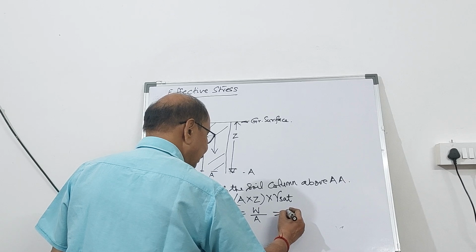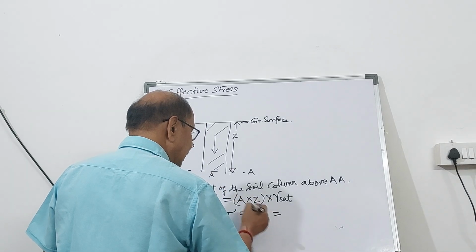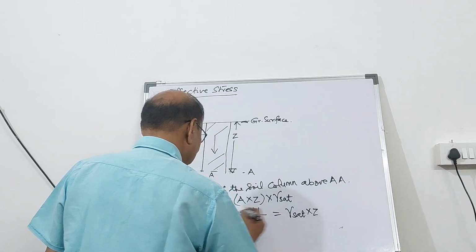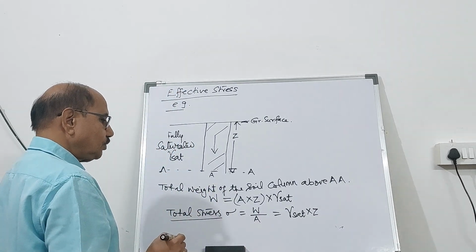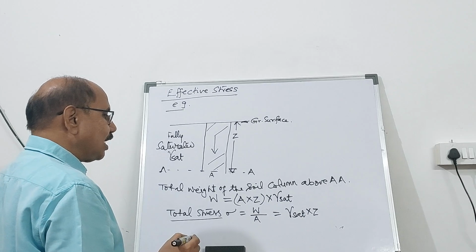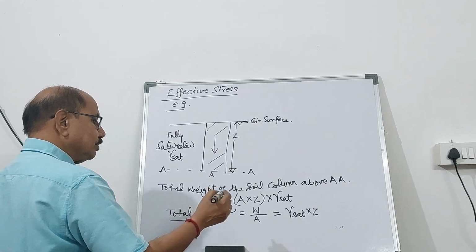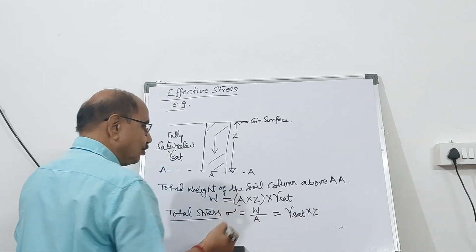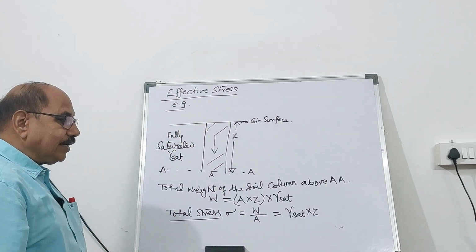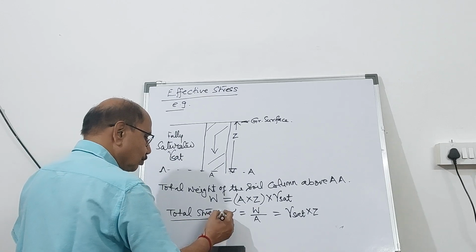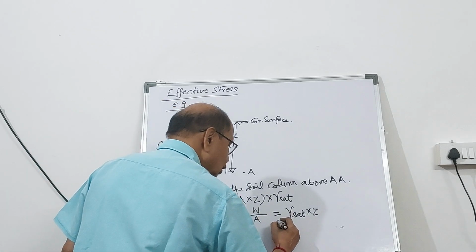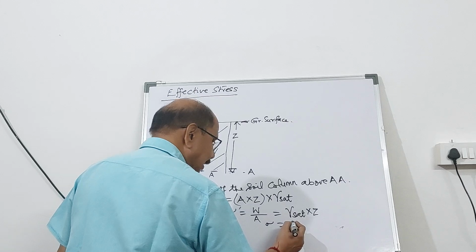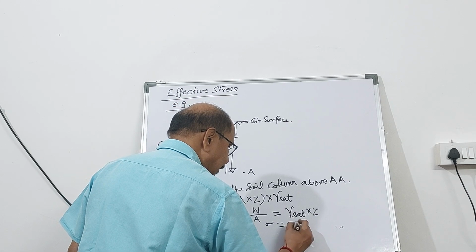The area and area get cancelled and you get gamma saturated into Z. So the total stress at any point is the total unit weight multiplied by the height of the soil column above that particular plane.